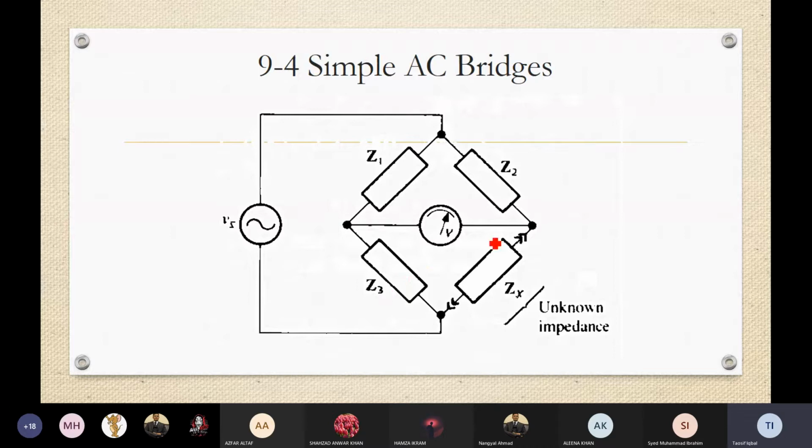And the principle is the same, that we have to vary the ratio, and if the ratio of Z2 and Zx is matched with the Z1 and Z3 ratio, then the galvanometer reading is going to be at the null position.